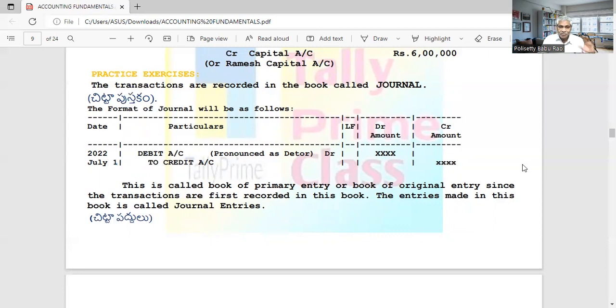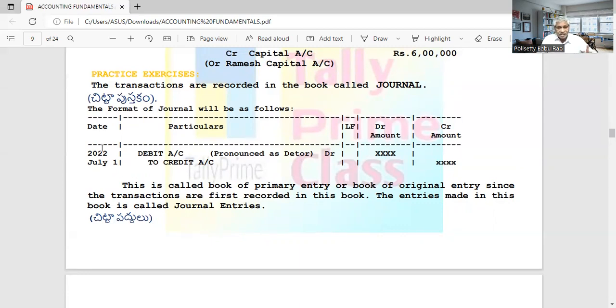For one year or one month, we do not record the transactions on just one page. That is why on every page, the year and month we write only once in the beginning, and after that only the date we go on writing anew. When you turn the page, at the top of the page we cannot understand the year and month.